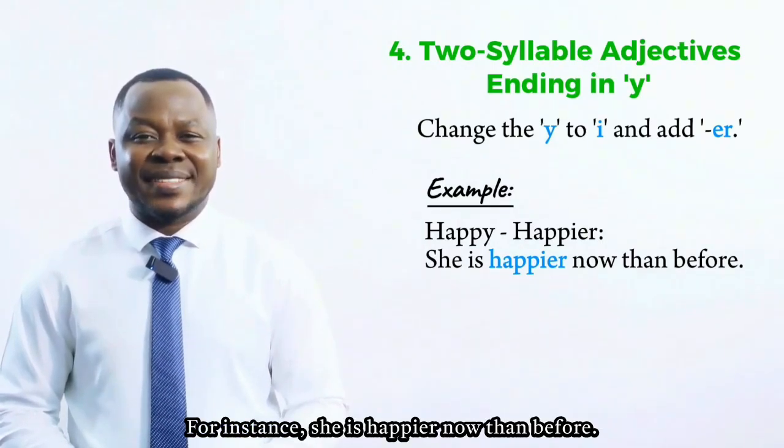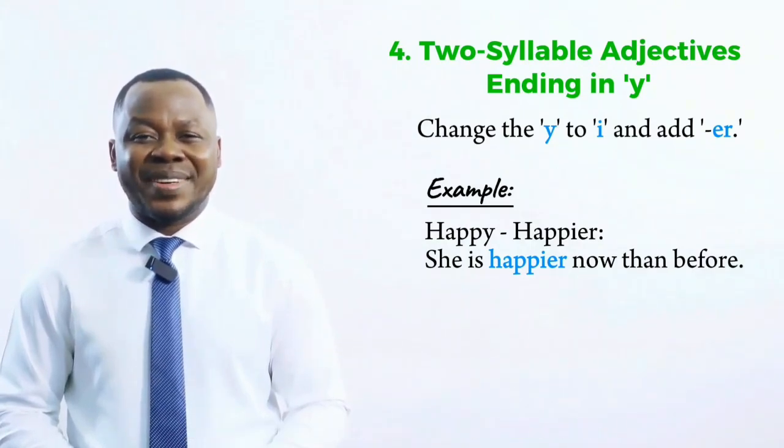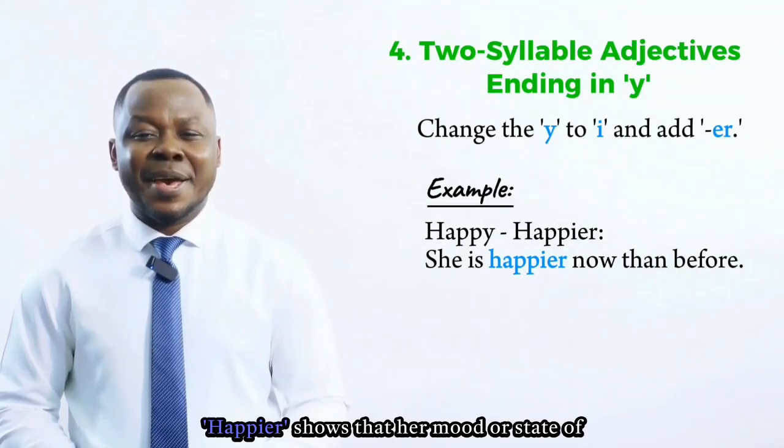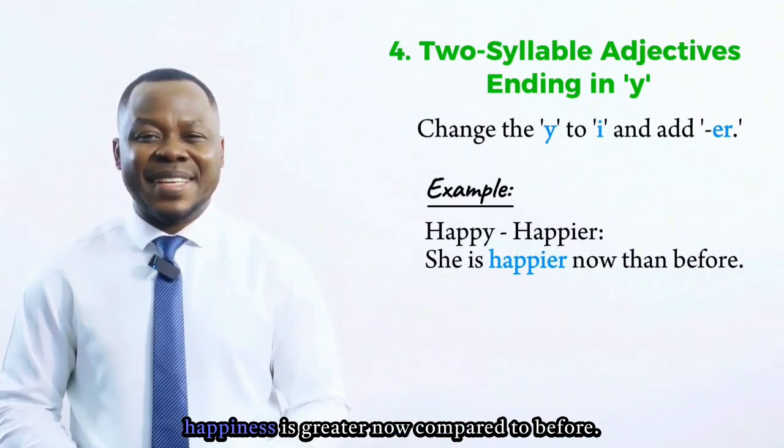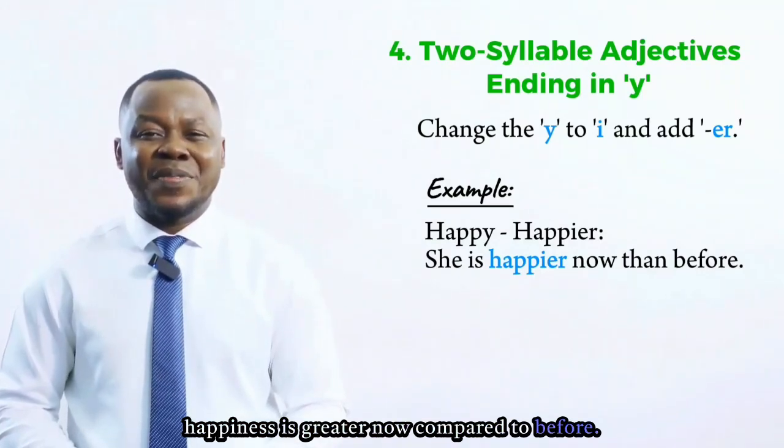For instance, she is happier now than before. Happier shows that her mood or state of happiness is greater now compared to before.